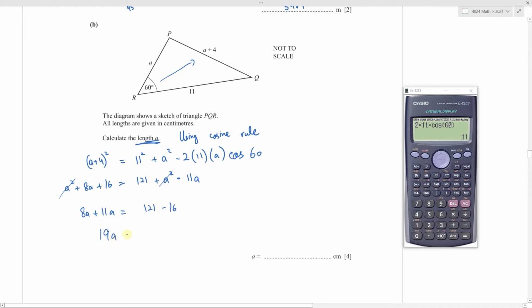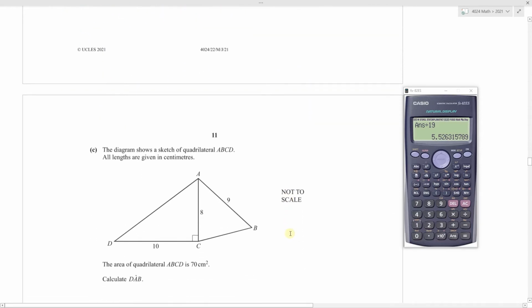This is 19A equals 121 minus 16, which is 105. So A will be 105 divided by 19, which is 5.526. Up to three significant figures, this will be 5.53. So A is 5.53 centimeters.